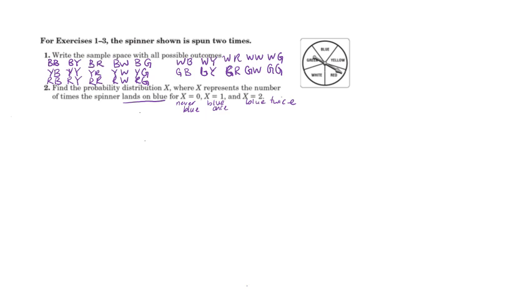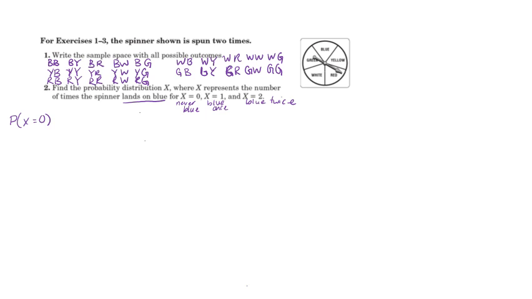So we want to do the probability that X is 0. I think I left off the table here, but we can do that. So the probability that it's never blue.